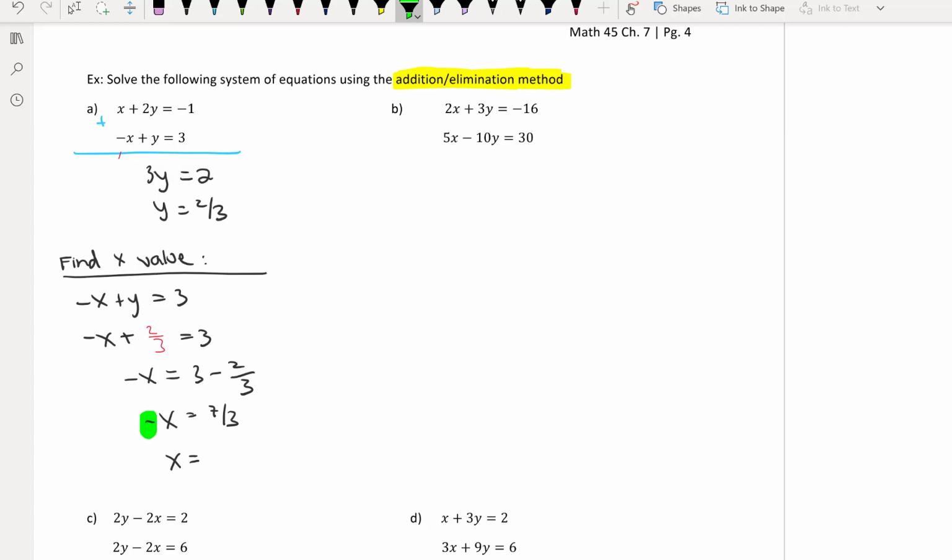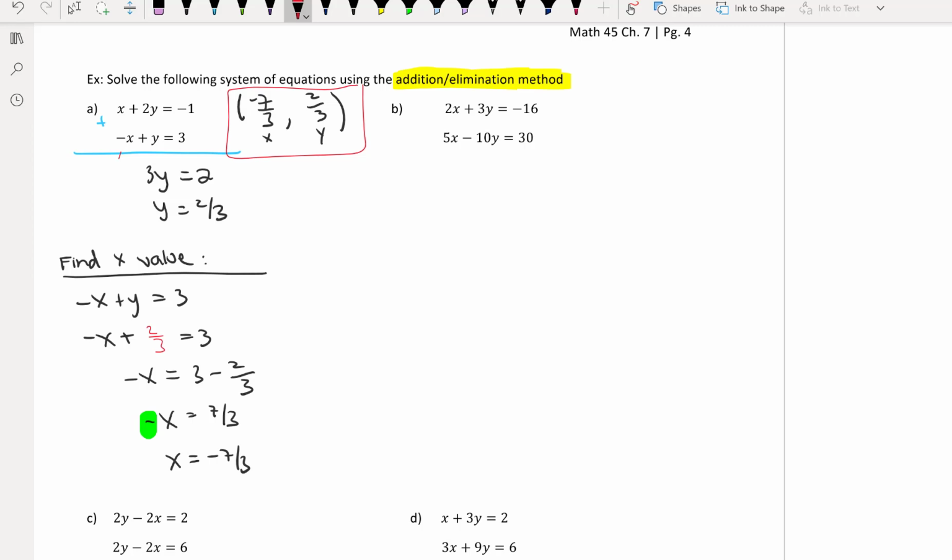That makes it not isolated. So in order to isolate that x variable, I'm basically multiplying each side by negative 1, which would give me a negative 7/3. So my solution is a negative 7/3 because that's my x value, and my y value of 2/3. And you always want to make sure to write your answer as an ordered pair.